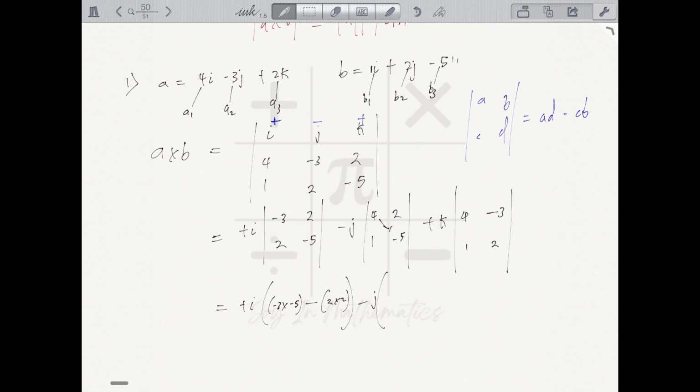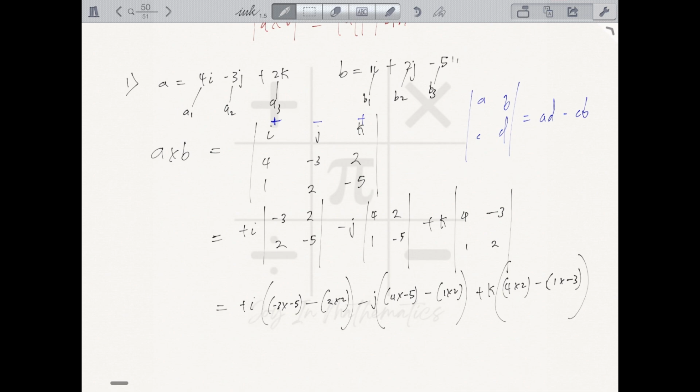We take the leading diagonal first, 4 multiplied by minus 5, minus the following diagonal, 1 multiplied by 2. And finally, plus k. We take the leading diagonal, 4 multiplied by 2, minus the following diagonal, 1 multiplied by minus 3.